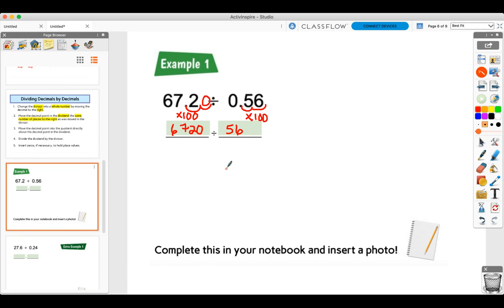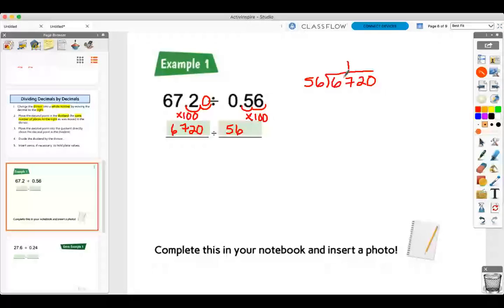Now you're going to do some long division here. Like we talked about yesterday, the divisor is always going to be on the outside. So you're going to have 56 on the outside and 6,720 underneath. 56 doesn't go into 6, so we have to go to the next number. 56 goes into 67 1 time.